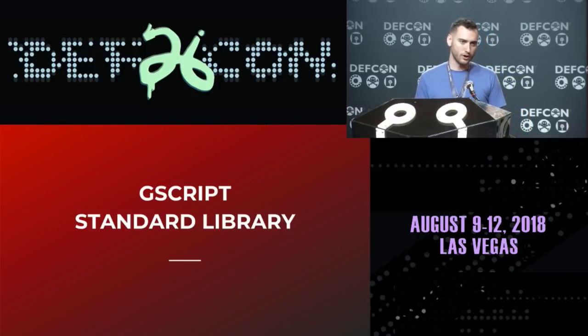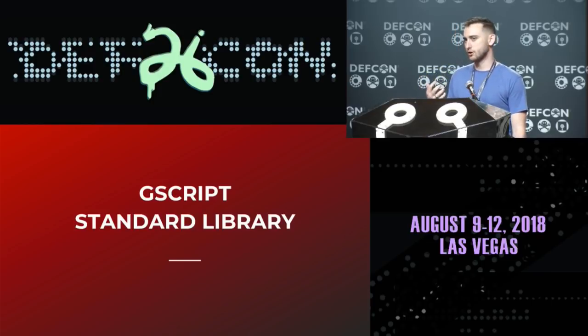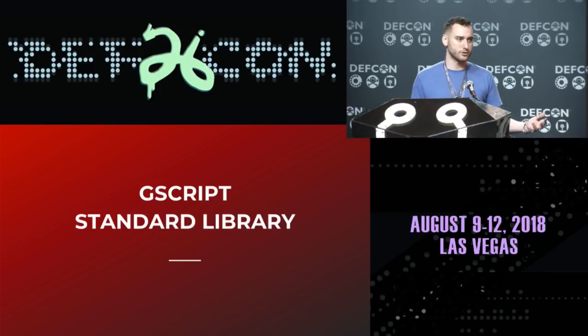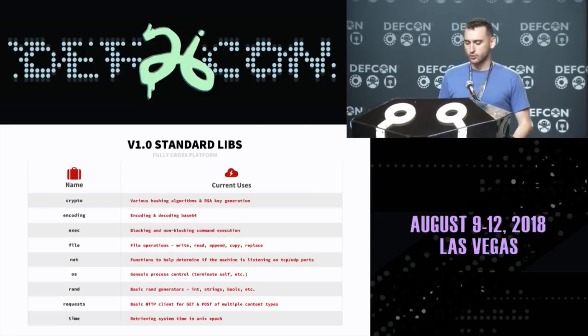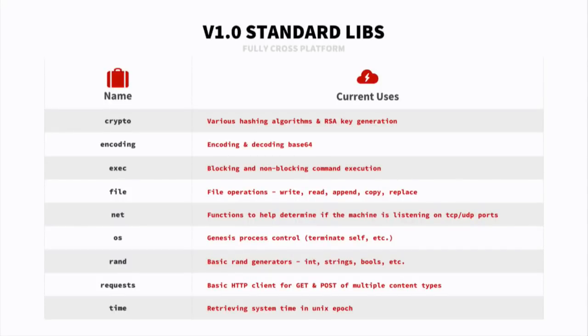But as I mentioned before, we have the standard library. You don't need to be a Go programmer to know how to use this on a basic level. We've got libraries that cover almost every type of basic OS functionality you'll need. They're entirely cross-platform and supported by us. If there's ever a bug in one of these that you find, please file it against us. We will fix it immediately.